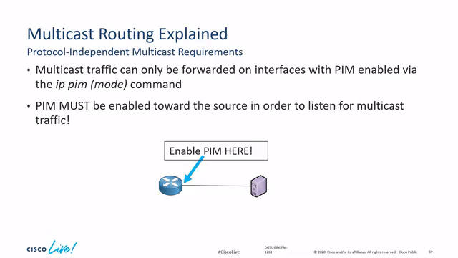It's also how we listen for multicast. So if a first hop router is connected to a segment with a source, but PIM is not enabled towards that segment, the multicast source can be sending packets to the multicast group all day, and the router's just not listening, and it's not going to pick it up, and it's not going to follow the multicast process.